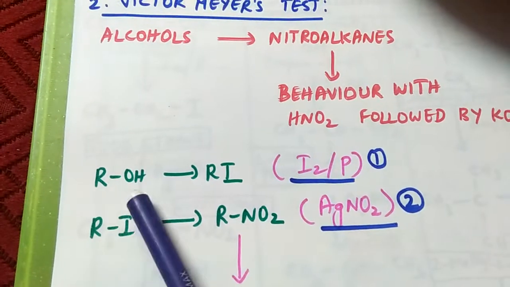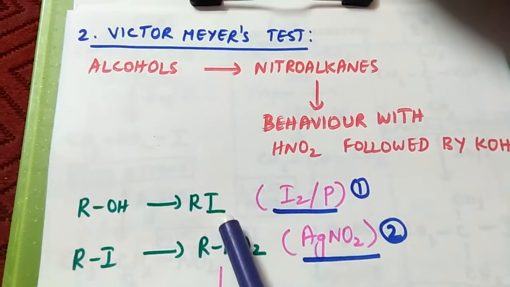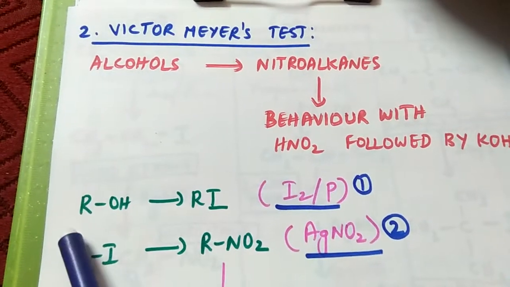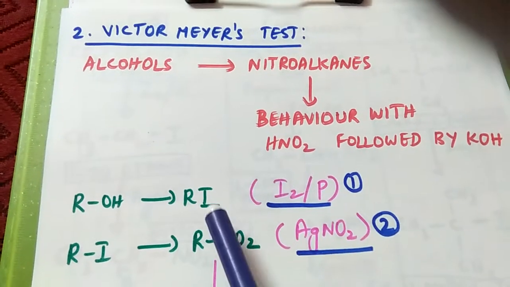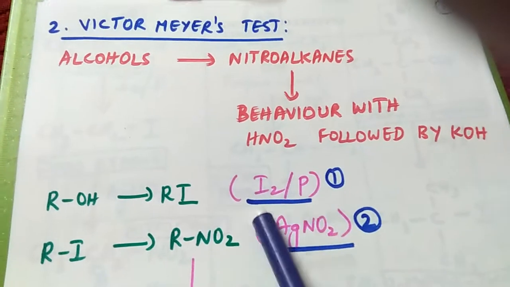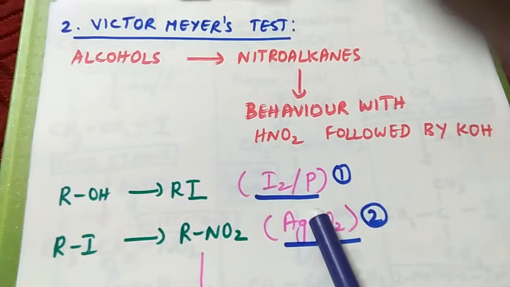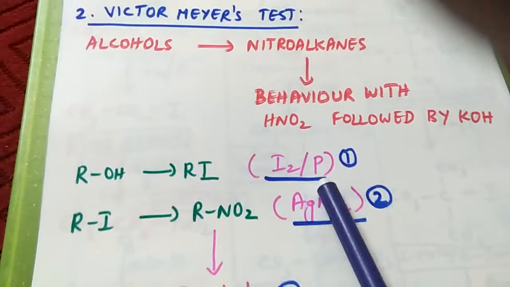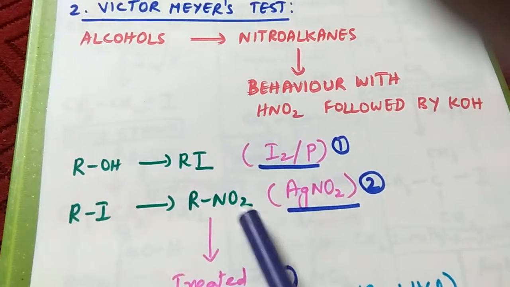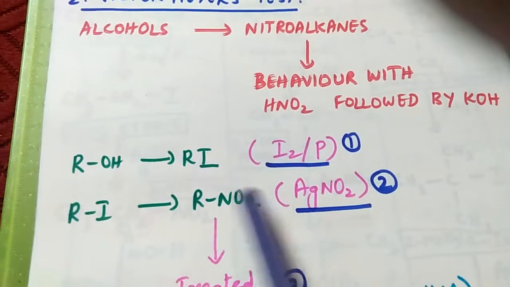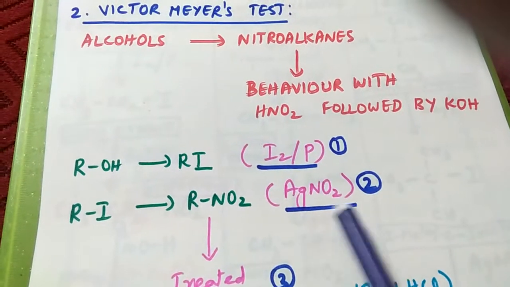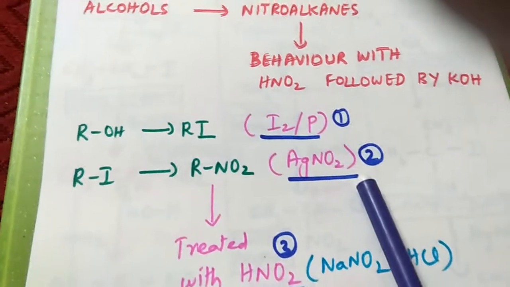For example, ROH is first converted to RI, that is, alcohol is converted to alkyl iodide in the presence of iodine and phosphorus, the first reagent. Then alkyl iodide is converted to nitroalkane in the presence of silver nitrite, the second reagent.